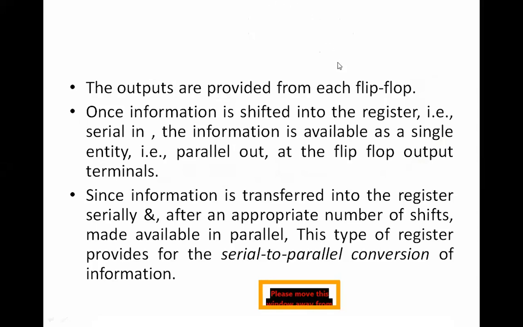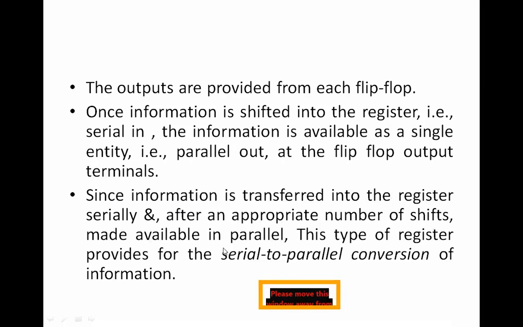The same explanation is given here. The outputs are provided from each flip-flop, which means the output of one flip-flop is the input to the next, right? Once information is shifted into the register, that is serial in, the information is available as a single entity, that is parallel out, at the flip-flop output terminals. Information is transferred into the register serially and after an appropriate number of shifts is made available in parallel.